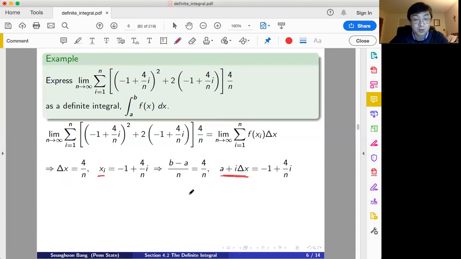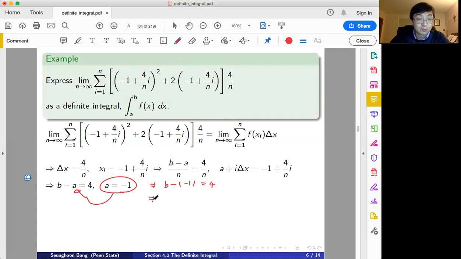We have two equations. So b minus a equals 4. This is one equation. One more: a equals minus 1. Next, you plug a equals minus 1 into the first equation. We have b minus negative 1 equals 4.